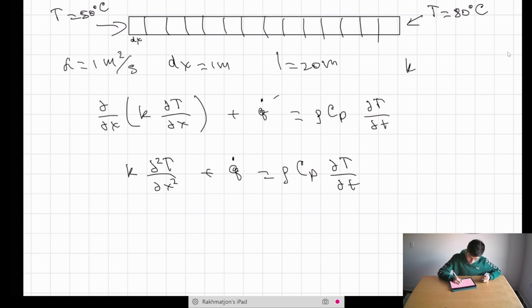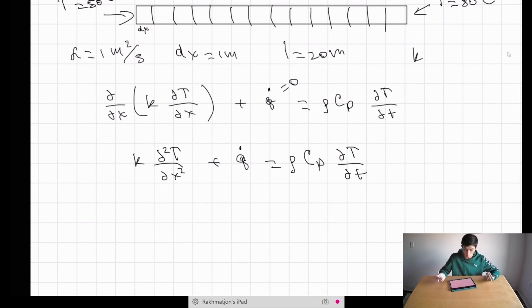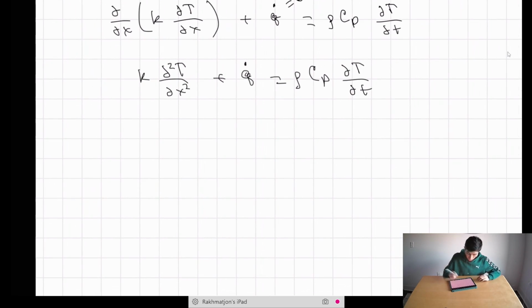And let's say we don't have any heat generation, because the heat is going from one position to another. So there's heat diffusion happening, but we don't have any heat generation. So we're going to say q dot is equal to 0.